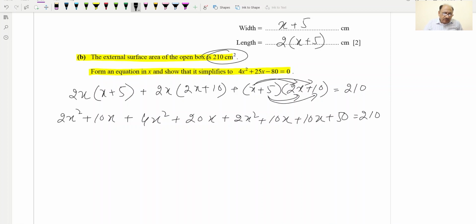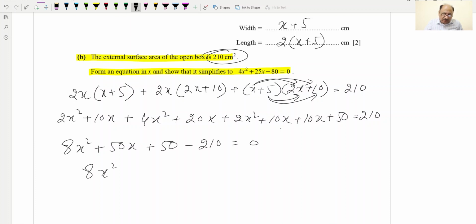Now we add the like terms. 2 plus 4 is 6, 6 plus 2 is 8, so 8x squared. Then 20 plus 20 is 40, plus 10 is 50, so 50x, plus 50, and minus 210 we shift to the side, is equal to 0.